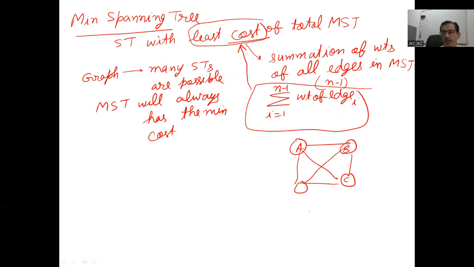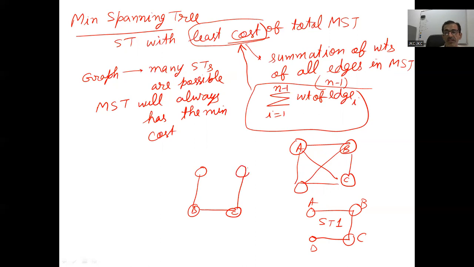So, of course, this also becomes one spanning tree, say A, B, C, D. Might not be minimum. So this is one spanning tree. Other spanning tree could be I go A, B, C, D. This can be ST2.